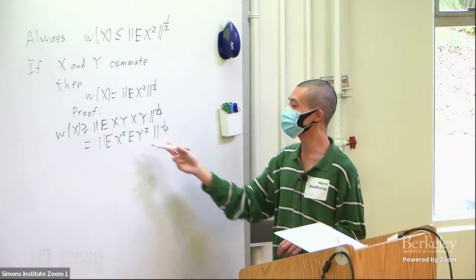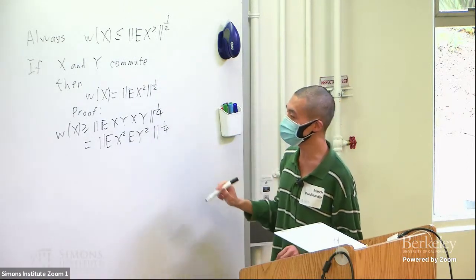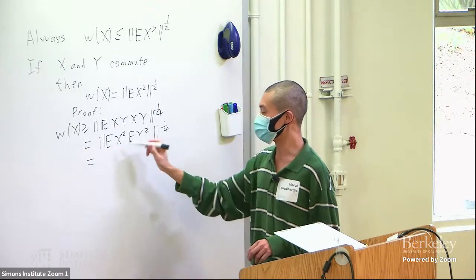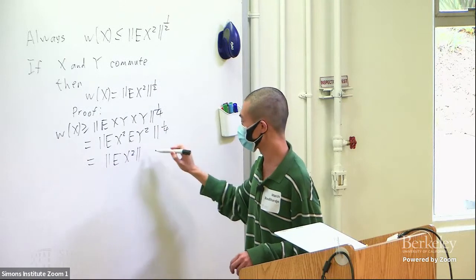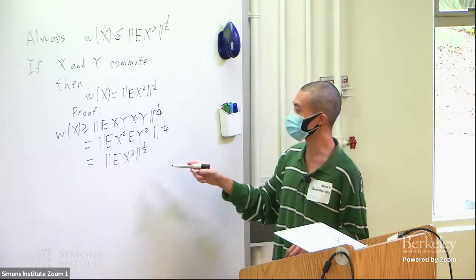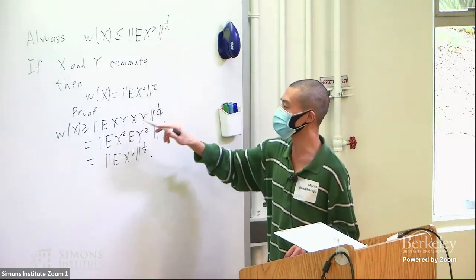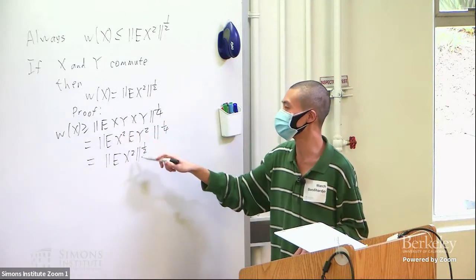They're the same, since Y is just an independent copy of x. So this is just this thing squared. Because this is less than this, and if they commute, then this is greater than this.